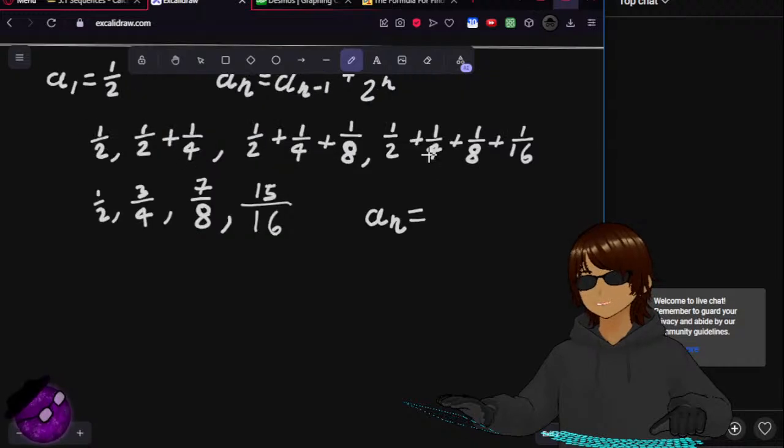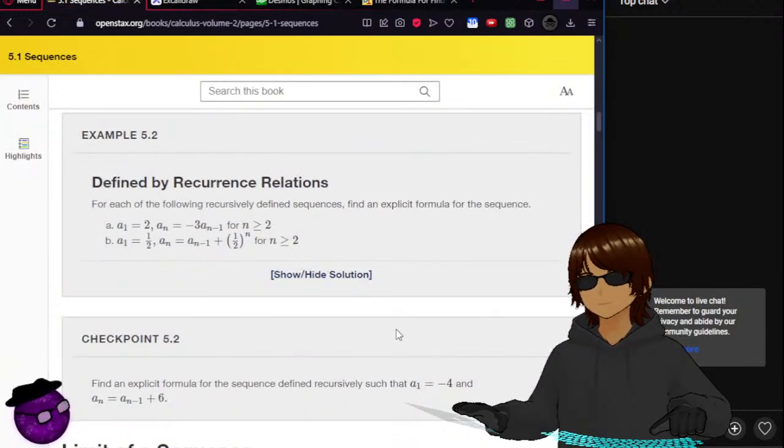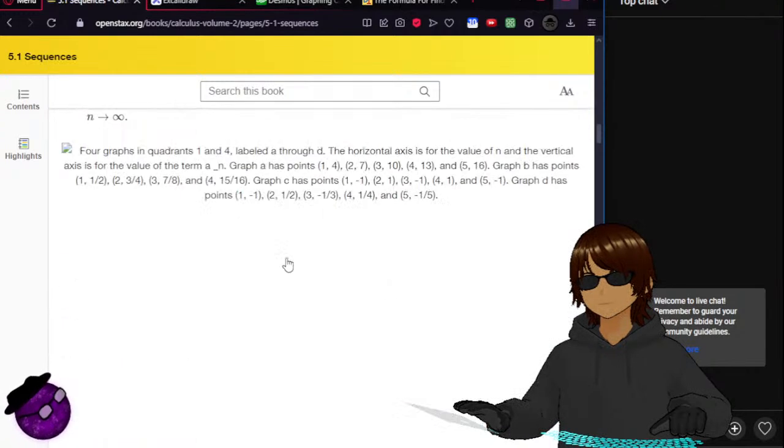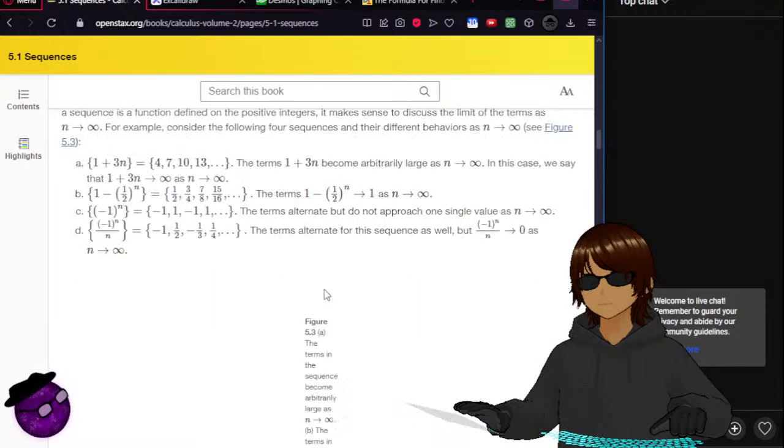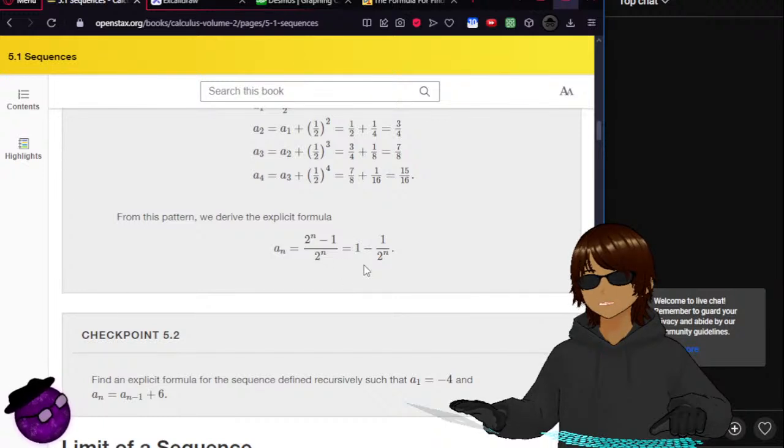So A n is 1 over 2, 3 over 4, 7 over 8, 15 over 16. 2 to the power of n in the denominator, and then 2 to the power of n minus 1 in the numerator. Let me see the answer. So this is correct and this is also correct.